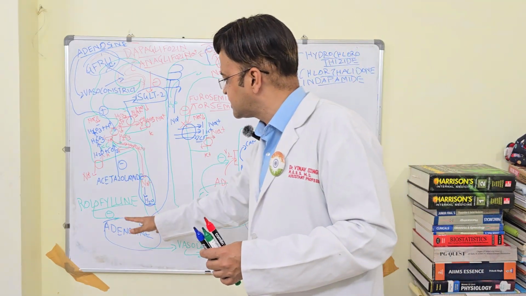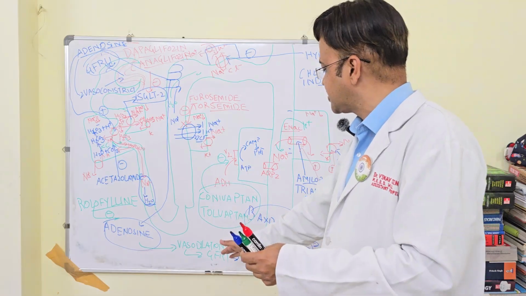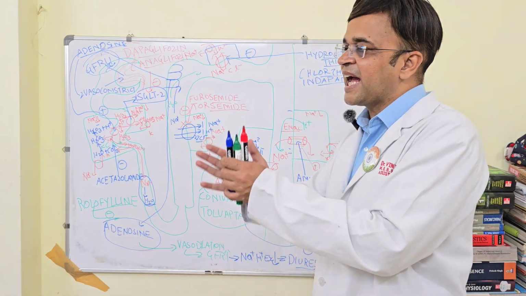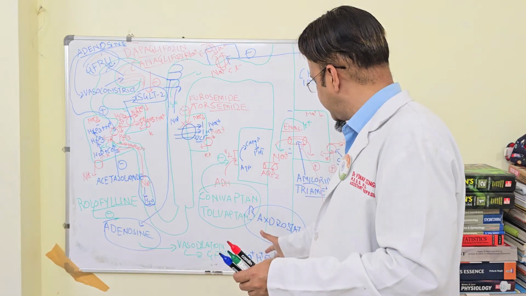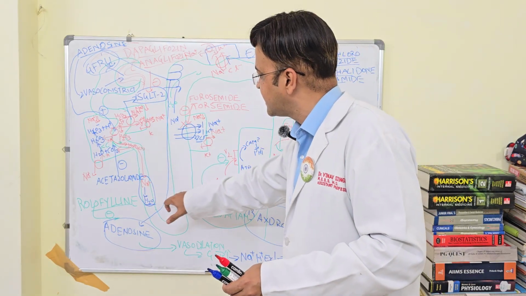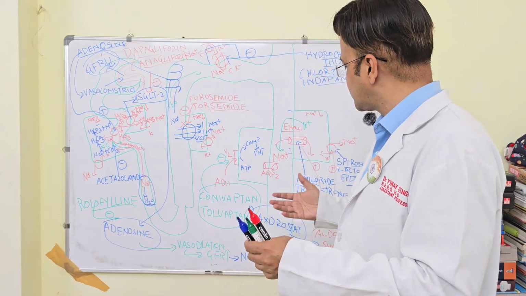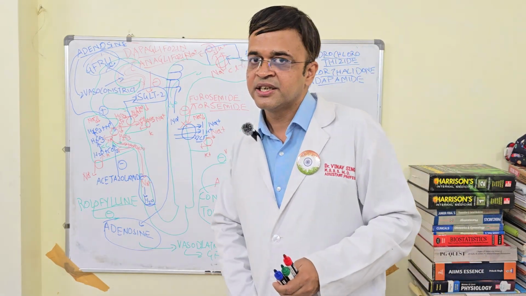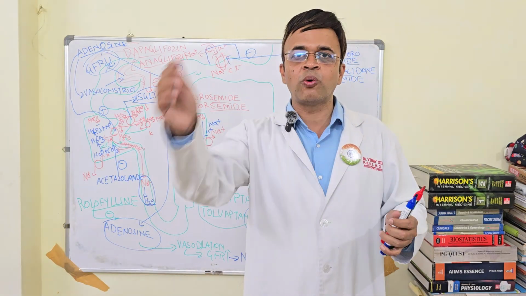So if we block the adenosine from binding to its receptor, it will lead to vasodilation, increase your GFR, and the activity of the sodium hydrogen exchanger will go down. Sodium will stay inside and be excreted out, water is going to follow, which will ultimately lead to diuresis.